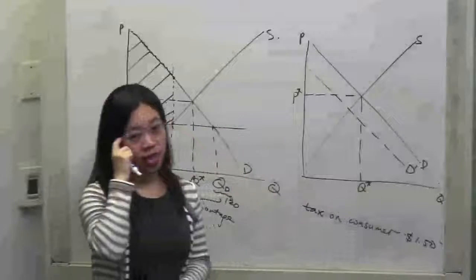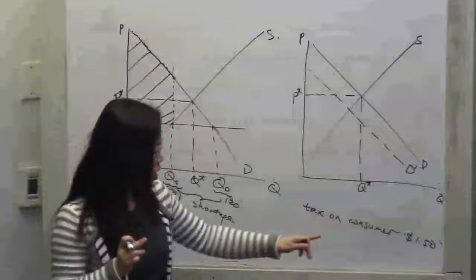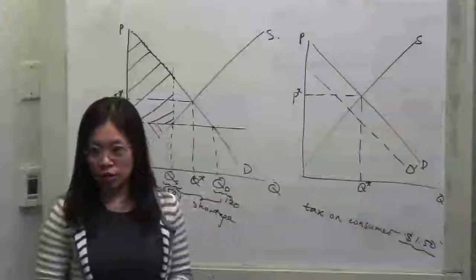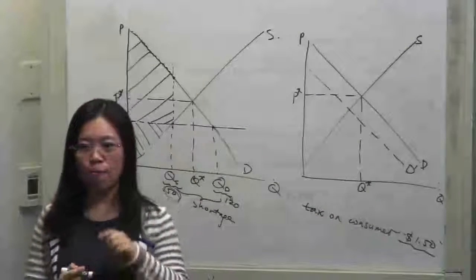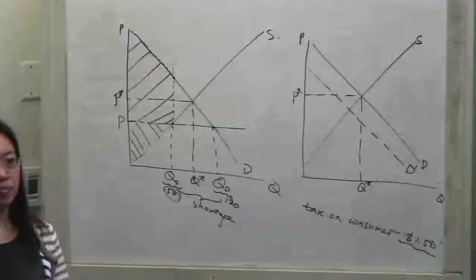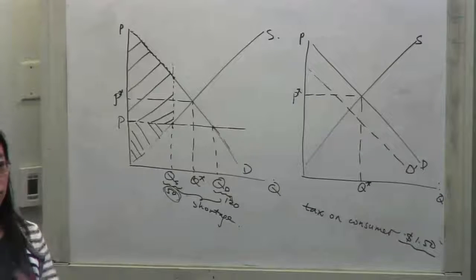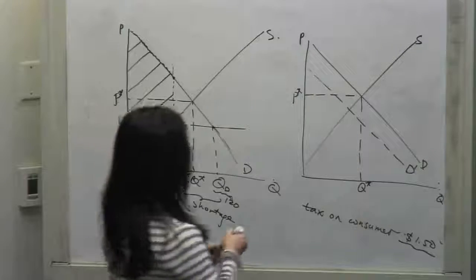Okay, good. Last class, I talked about how you have to mark this tax amount, otherwise you're going to lose credit, right? So where should I mark this $1.50? It's a vertical shift, right? It is vertical.